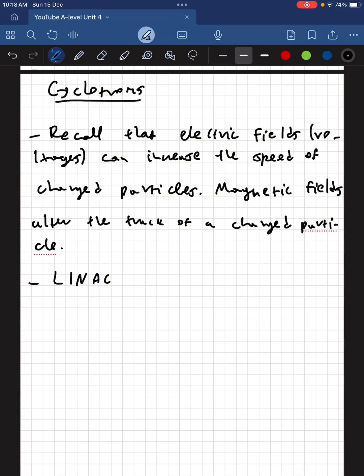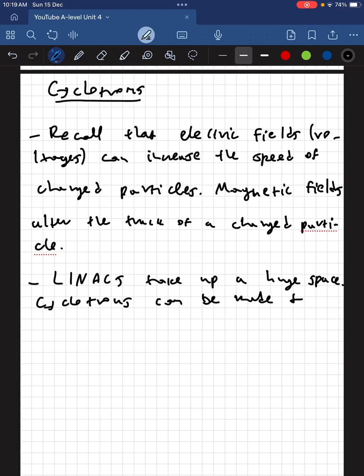So let's write one more thing before we see how it works. LINACs take up a huge space. Cyclotrons can be made to be small.